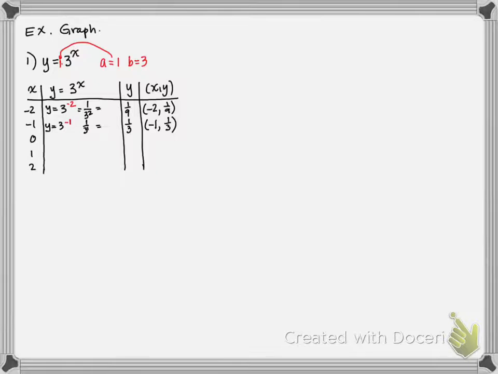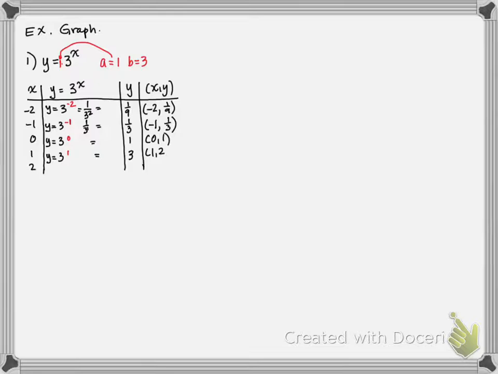That could eliminate things. So now we're going to have 3 to the 0 power, and we know that anything to the 0 power equals 1. So 0, 1, and that happens to be the y-intercept. So then we're going to try 1, so 3 to the first power is simply itself, 3.